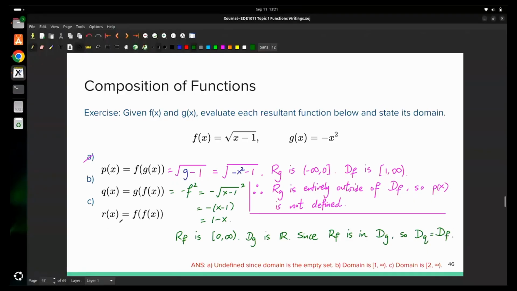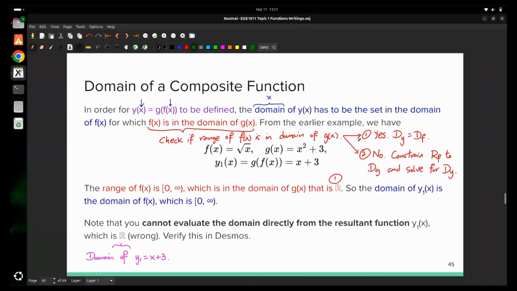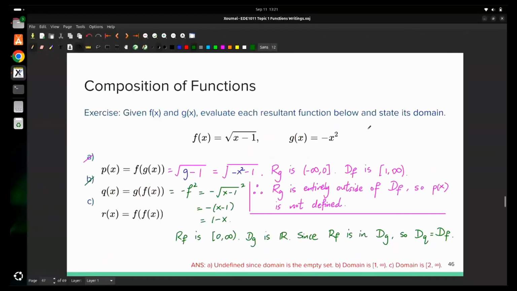That means it must be equivalent to the domain of the input function, this f function. So that's for B. This is basically condition 1 shown here, so maybe I just put a note here. This is actually condition 1.